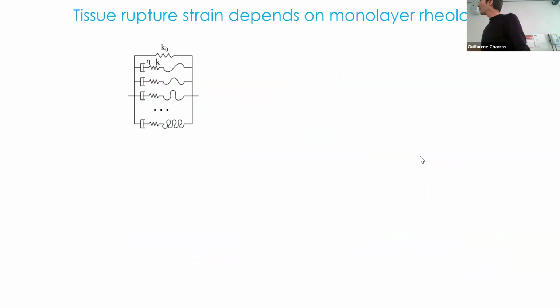To implement that within our model, we use a phenomenological equivalent rheological model that consists of a spring in parallel with a number of branches that each have a dashpot, a spring, and some slack. When there is slack, that branch doesn't participate in load bearing. When we deform it a little bit, we iron out the slack in this branch, and so now we have 2 springs in parallel.